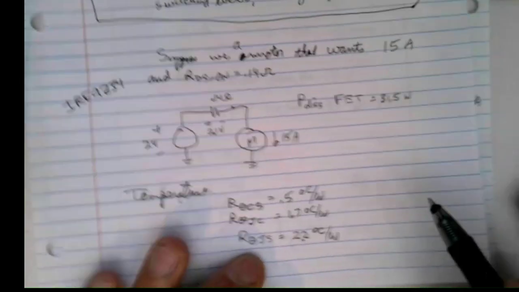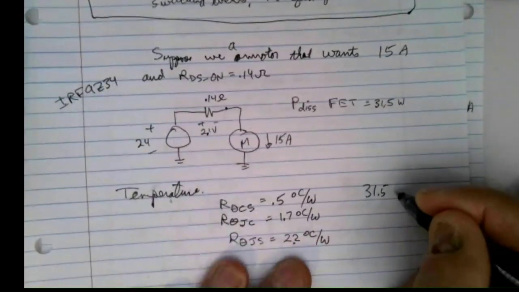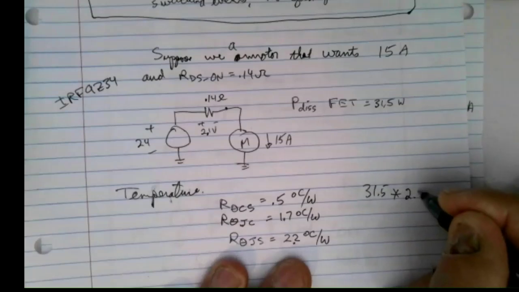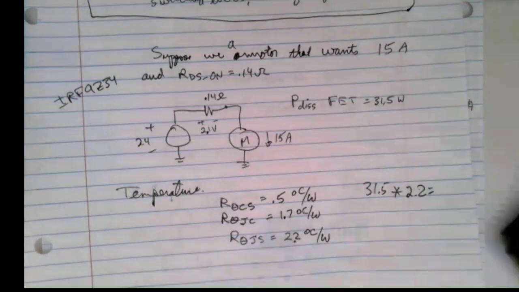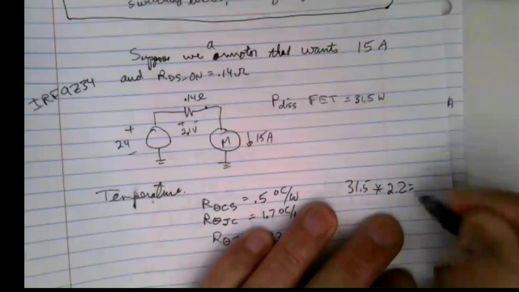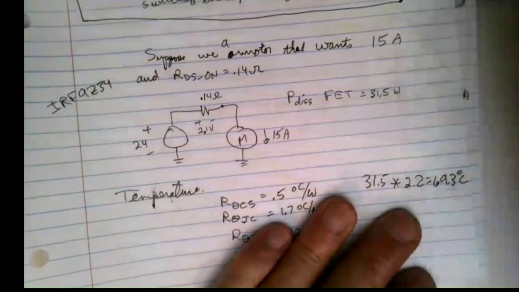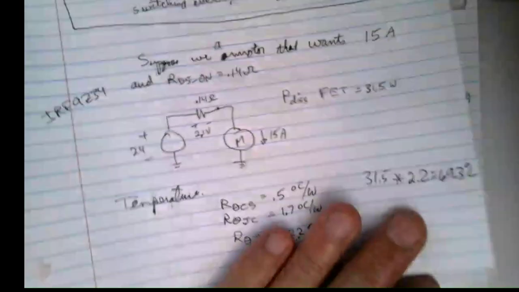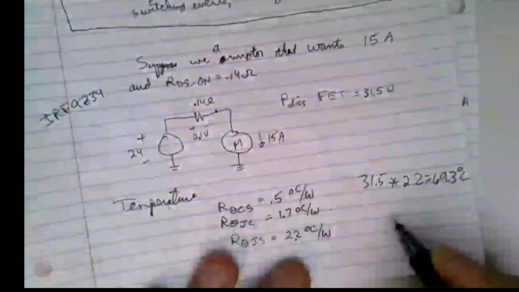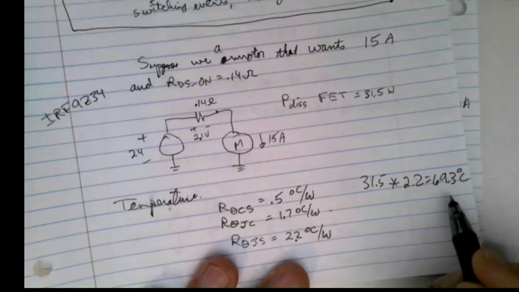So now we can calculate 31.5 times 2.2 equals 69.3 degrees C, and that's your delta T. So what does this mean? This means that our junction temperature is going to be 69.3 degrees C hotter than the heat sink temperature.